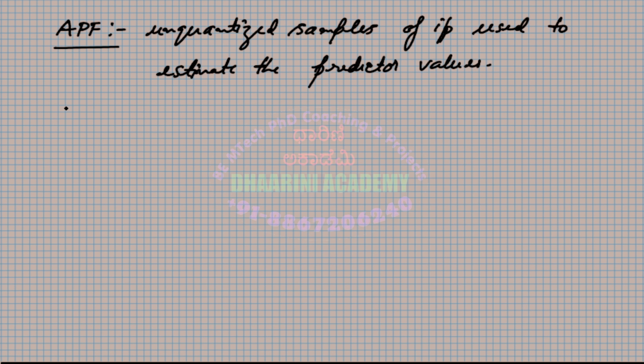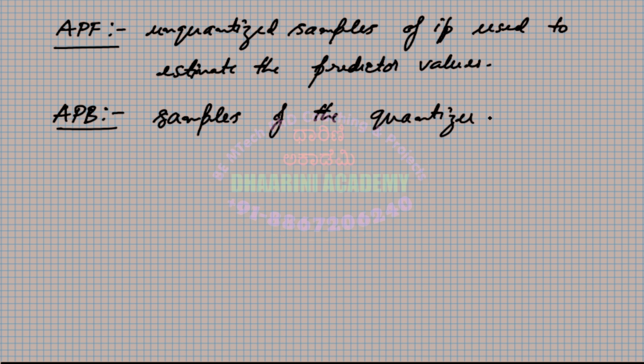Okay, that is APF. The other option is APB, backward. All right, how the backward happens, we already have seen that, right? The samples of the quantizer output, and we use another part that is called the prediction error.